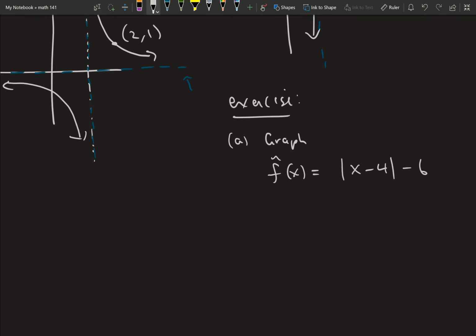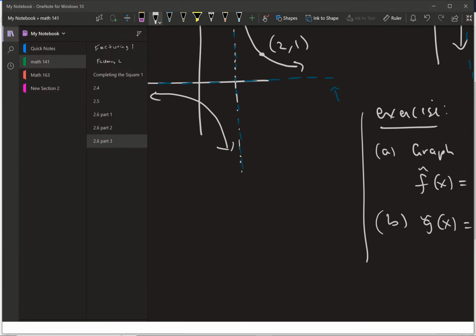And let's have you do one more here. Call it g tilde of x being 1 over x plus 1, plus 2. Okay, so we will start the next video with these exercises, and we'll stop here for now.